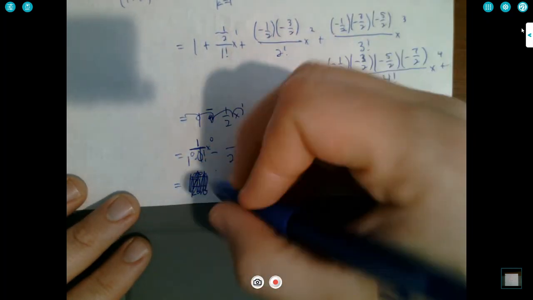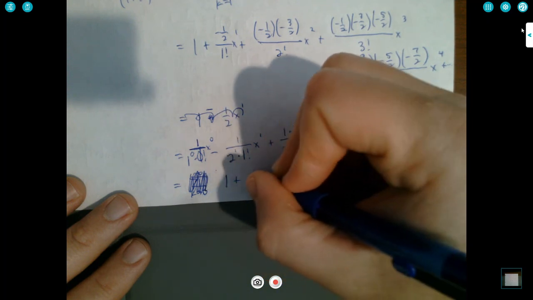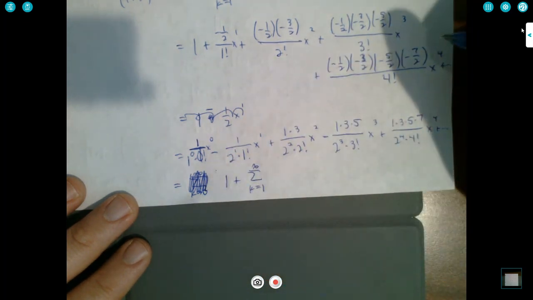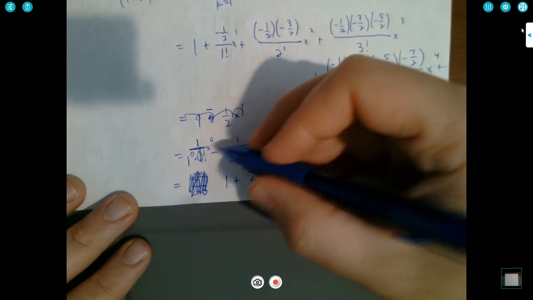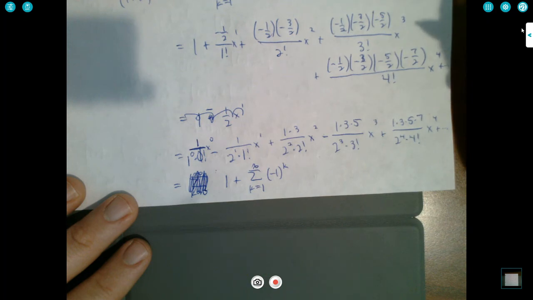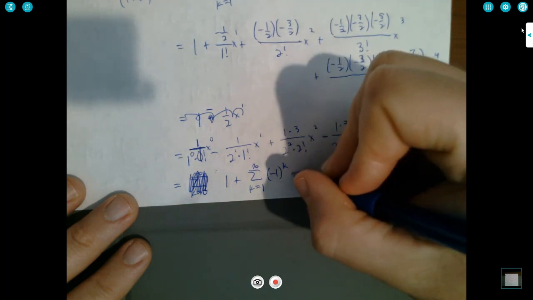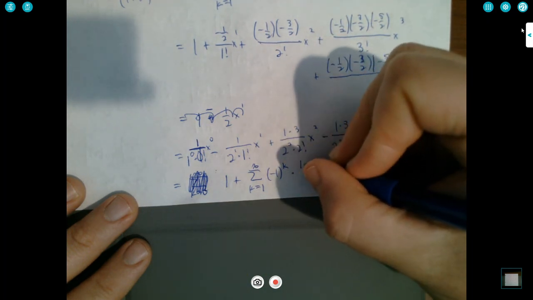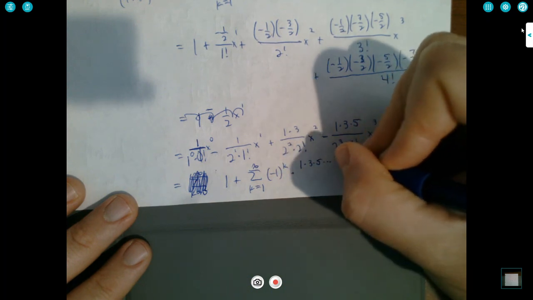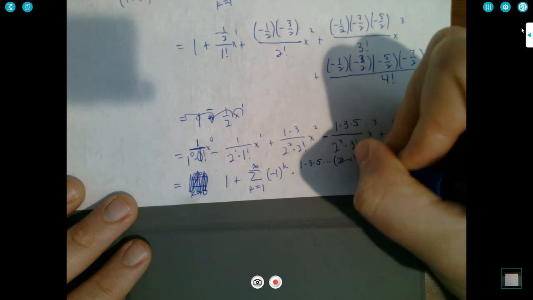Okay. So I think this is just going to have to be 1 plus the sum from k equals 1 to infinity. And then first of all, the signs alternate, so I'm going to have a negative 1 to the k. Second of all, I think I'm going to have 1 times 3 times 5 and so forth, all the way until I get to 2k minus 1.